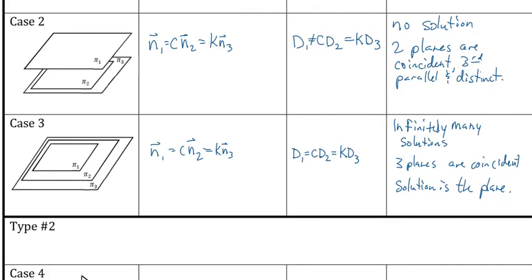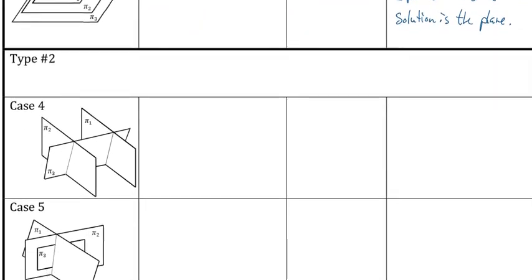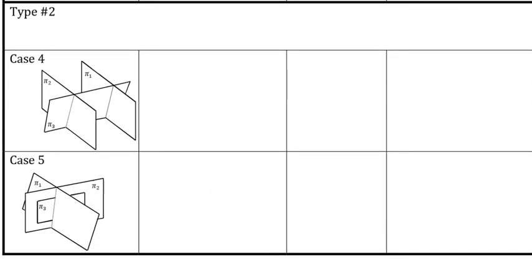How is that different from type 2? Type 1, how is it different from type 2? What's true in type 2? Looking at the 2 cases that make up type 2, what do you think? Anybody? Isabel? Only two of the planes are parallel. In type 3, all three are parallel.